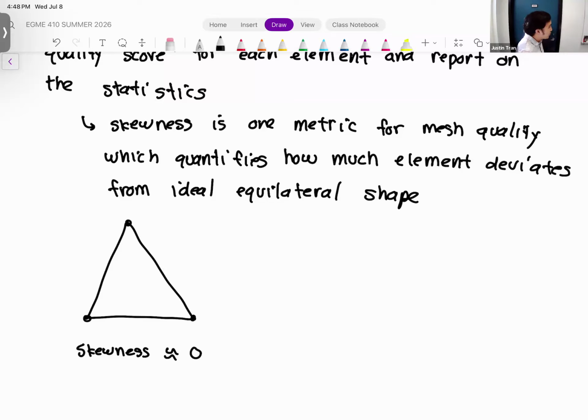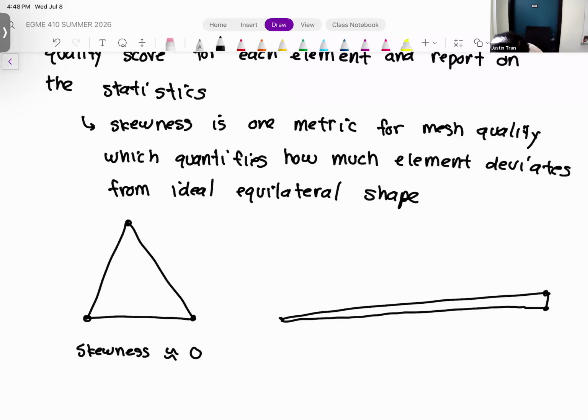In reality, you can get a better looking triangle, but that's the best that I can do. Whereas if you had an element that was very distorted, so maybe one of the sides was much shorter than the others, we have a very long element here that's obviously very unbalanced. This would have a very high skewness score.